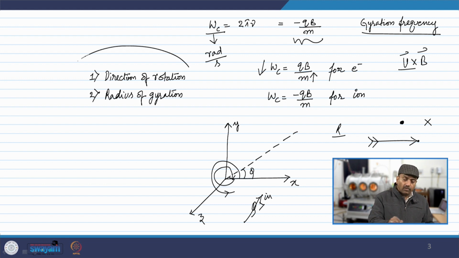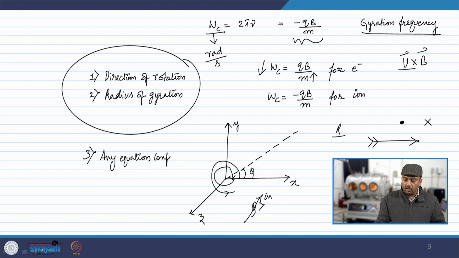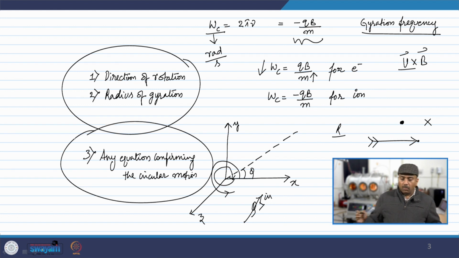So, these two things we have to understand, and the third thing is we have to derive an equation which conforms to the circular motion, right. Ultimately, if we have to understand the problem completely, we need to have answers for these three questions.